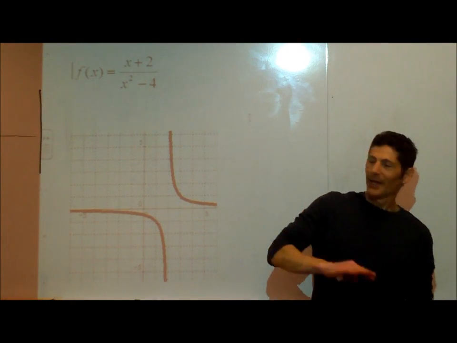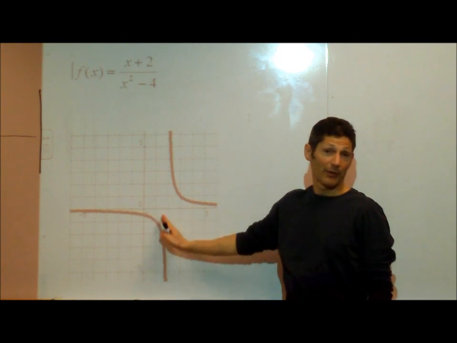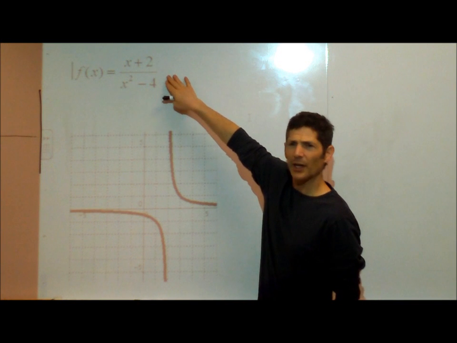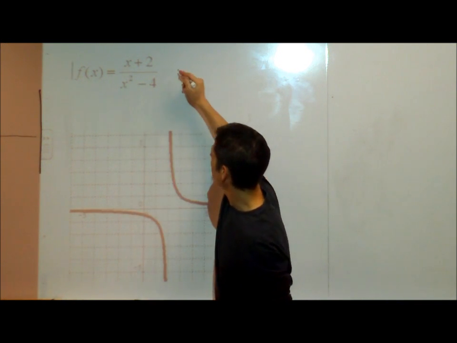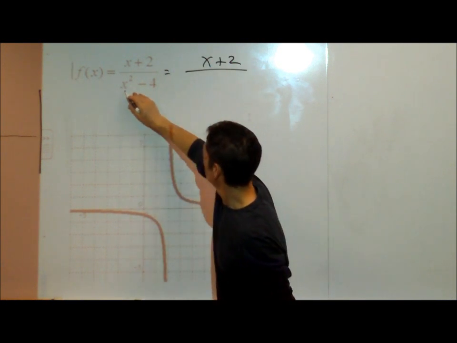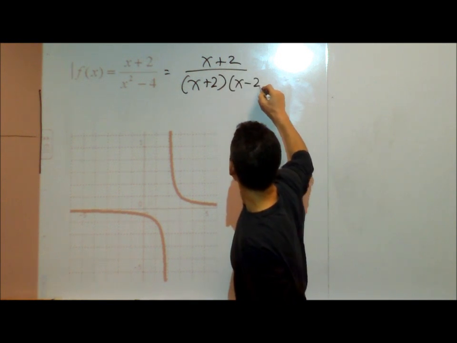Okay, last one. Here we go. It looks like a function. It looks like I have some kind of asymptote here, some kind of infinite discontinuity. This time I'm going to check out the function first. Let's see. If I factor this, I'm just going to rewrite it as x plus 2, x minus 2.